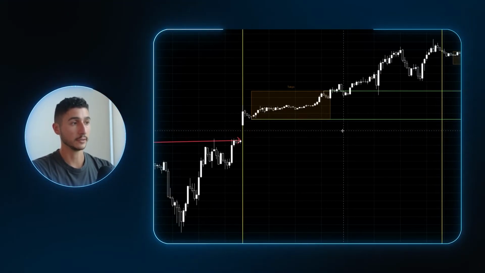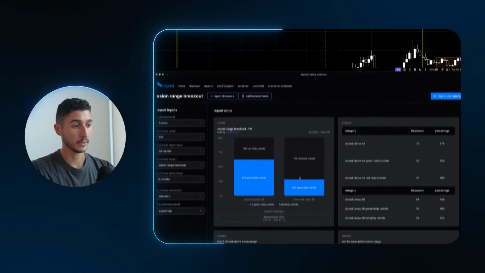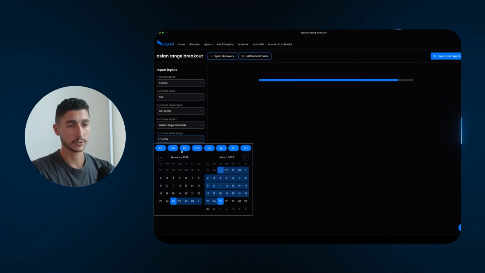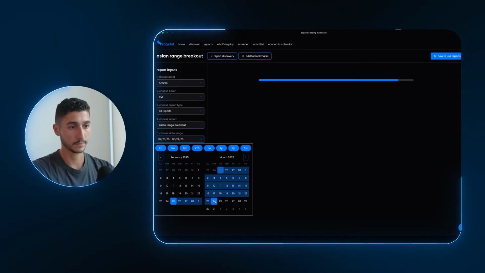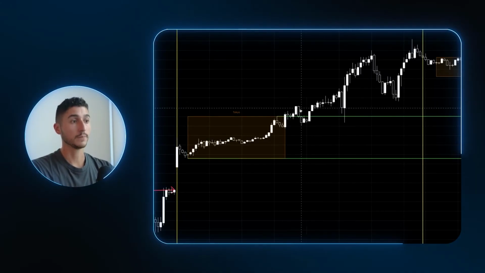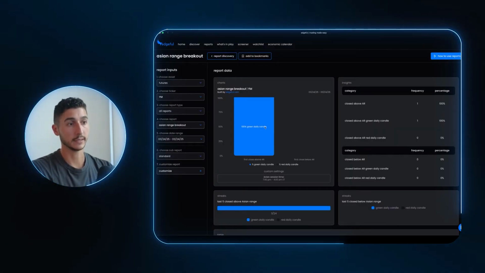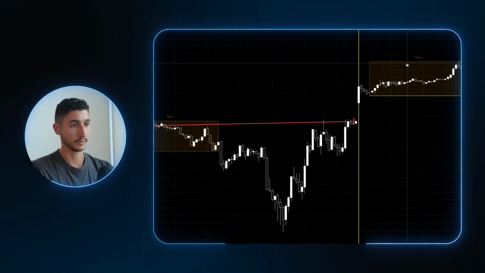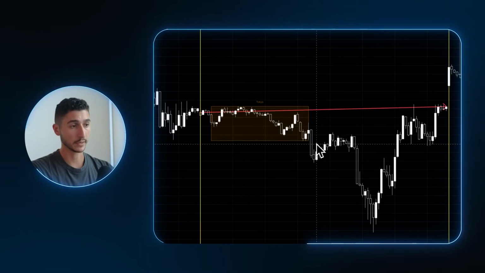Let's actually go and look at these individual days here. So this is March 24th. Let's go to March 24th. And then you can see first close above, daily candle green. That was this day here. First close above, right over here, daily candle green. Let's go over here.